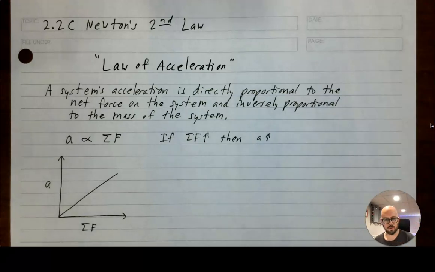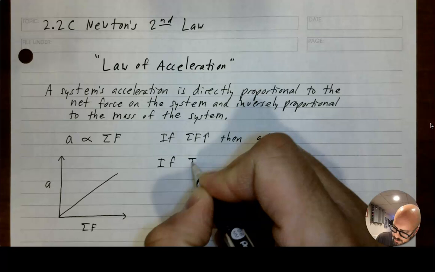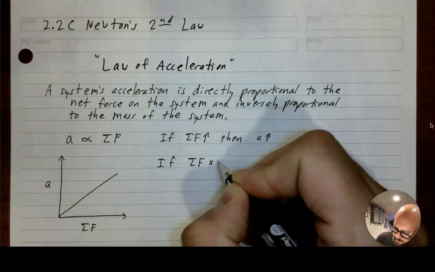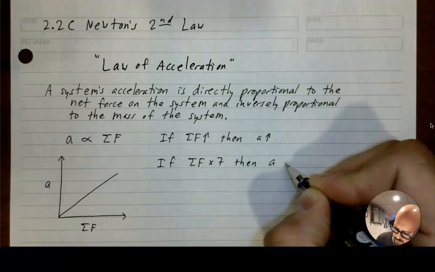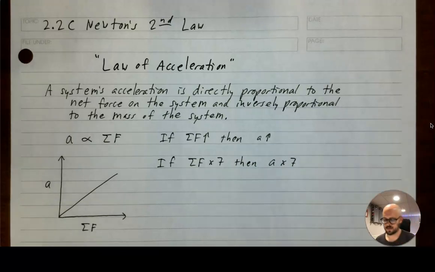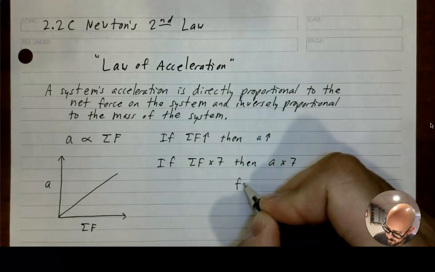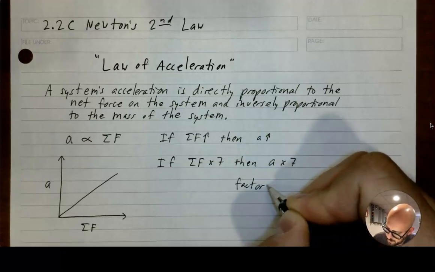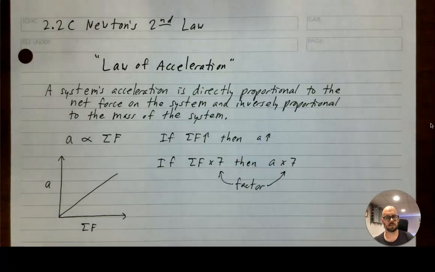But it gets way more specific than that. If you take the net force and multiply it by 7, then the acceleration is also multiplied by 7. This multiplied by 7 is referred to as the factor. Multiplied by a factor of 7, things that are proportional will change in the same way. That goes for increases and decreases.